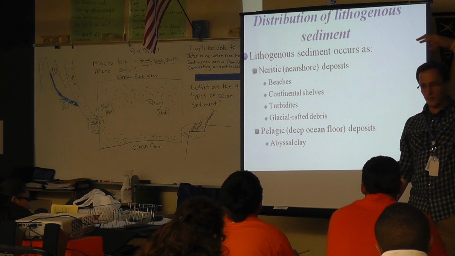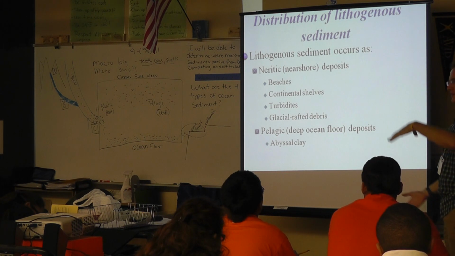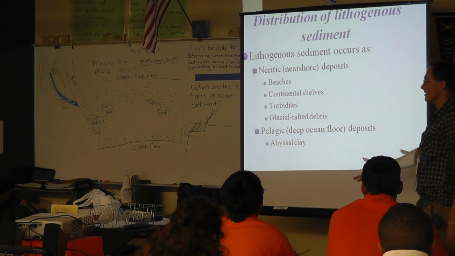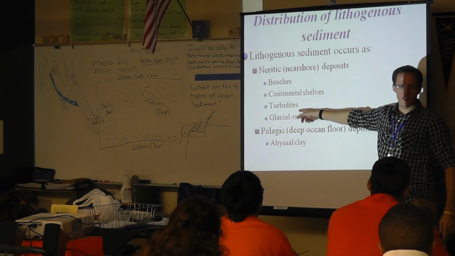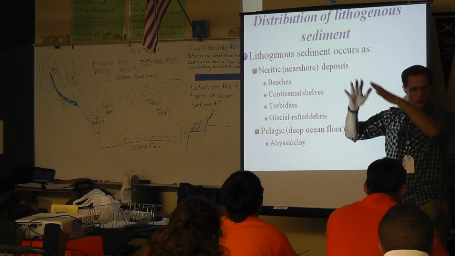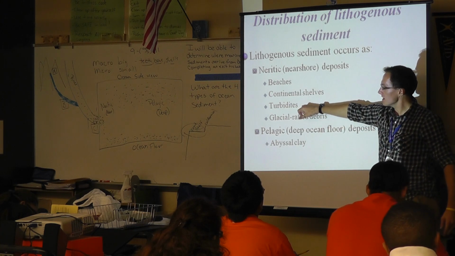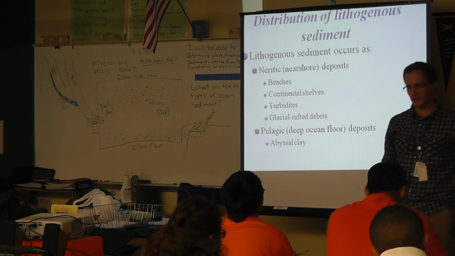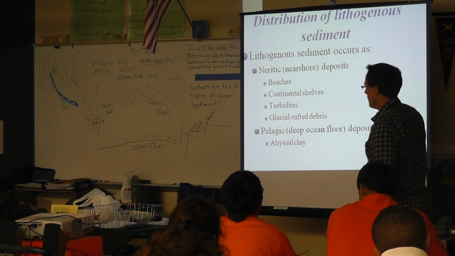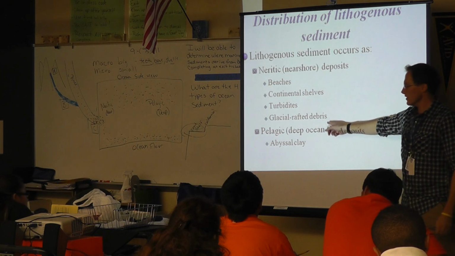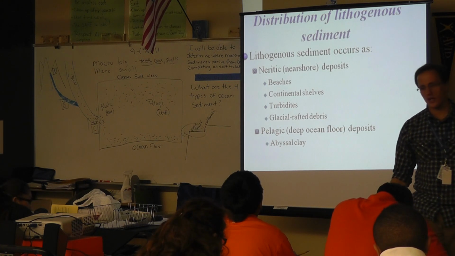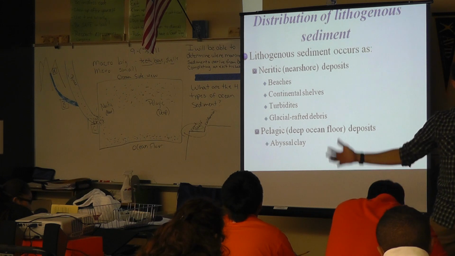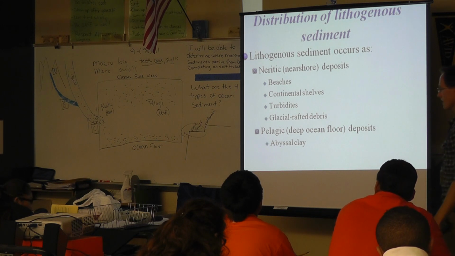So all that sediment builds up, it keeps piling on top of one another. Eventually, it falls down. It erodes down. So the turbidite is just an underwater avalanche. That's all that is. And then glacial rafted debris, that's debris transported by ice, big ice plates, glaciers.